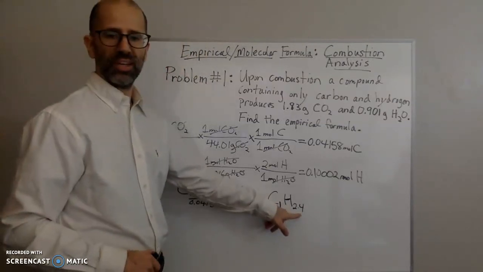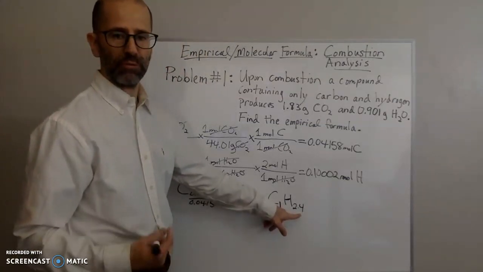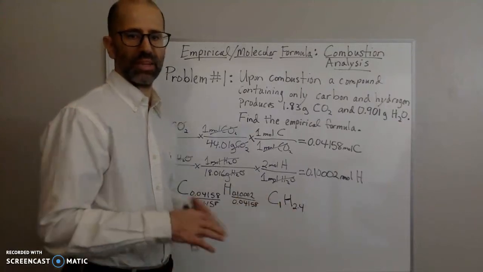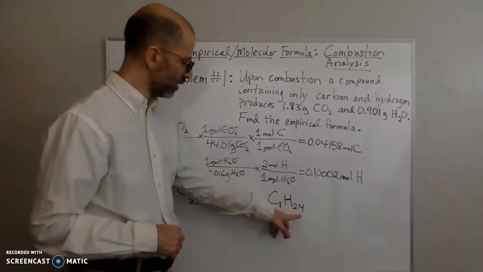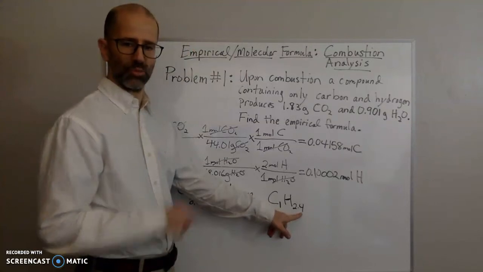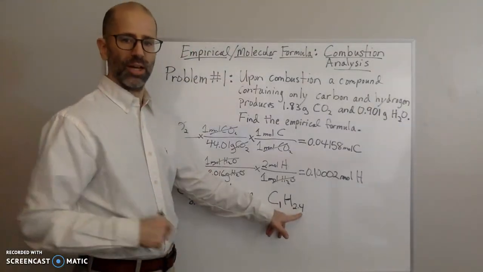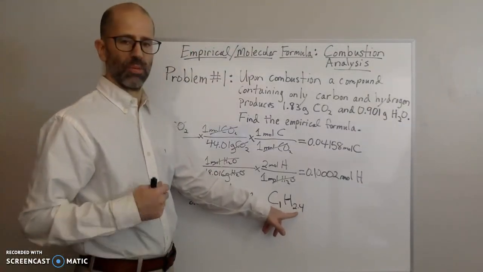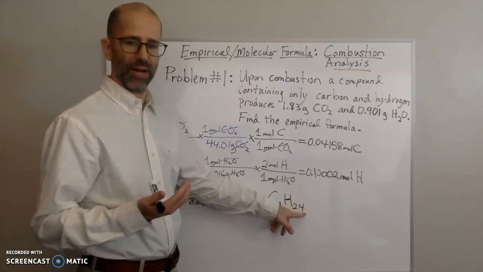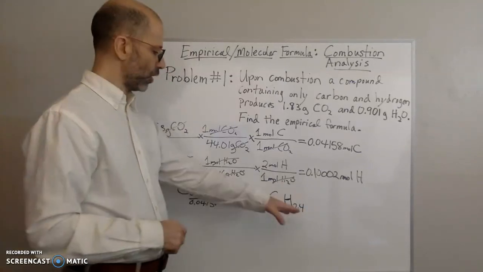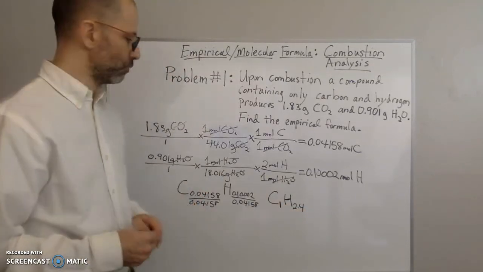You might be tempted to round it to 0.5 and then multiply by 2, and you can't really do that. So we need to figure out what fraction it is. 2.4 is too clean of a number. It's too far away from 2 to round to 2. It's too far from 0.5. So what do we do? Well, what's the fraction for 0.4?